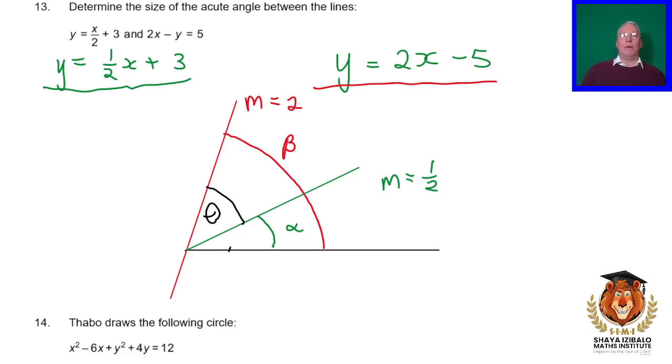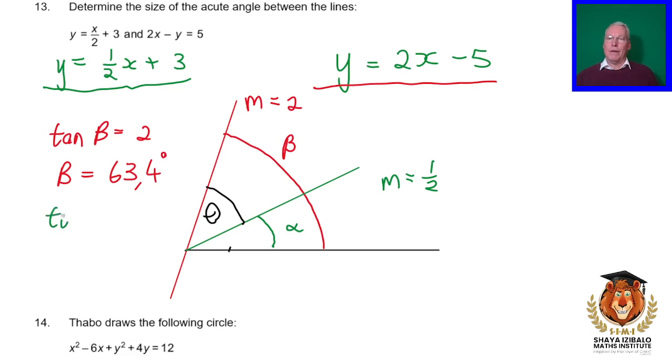Okay, and what we're going to do, we know that the tan of beta is 2. So beta, we're going to undo tan of 2, and we get 63.4 degrees. Right? Alpha, we know that the tan of alpha is a half. And if we undo tan of a half, we get 26.6 degrees.